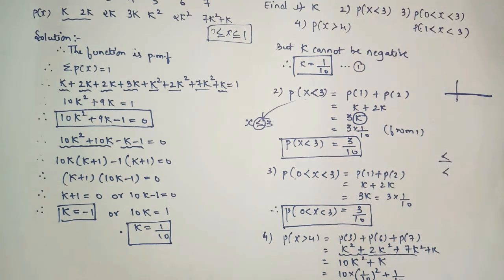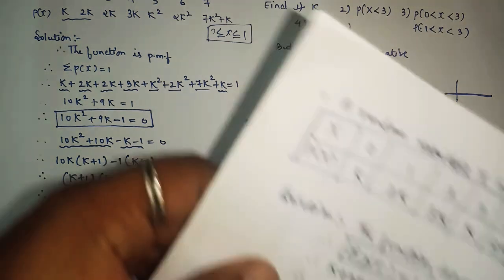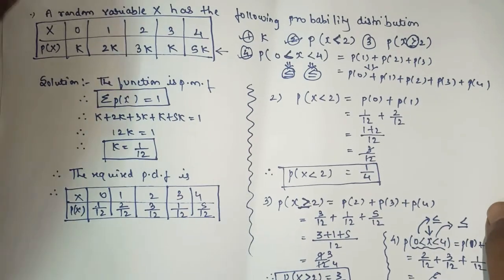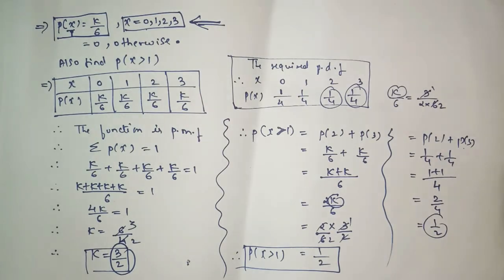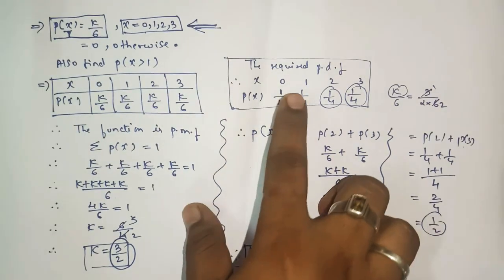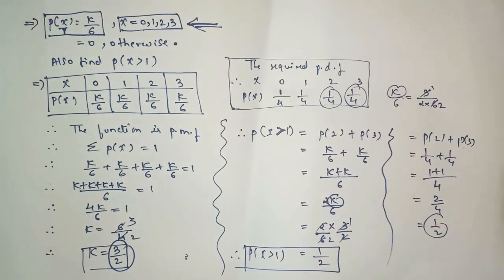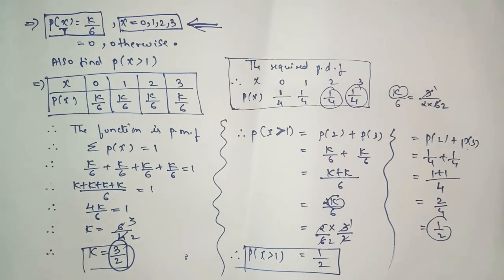Understood? I hope you all understood the sums. As in the last lecture we took this example, yes or no, but in the first example I had explained the sum with respect to the required PDF. In the second example, without the required PDF, as I told, in both cases you will get the same answer.